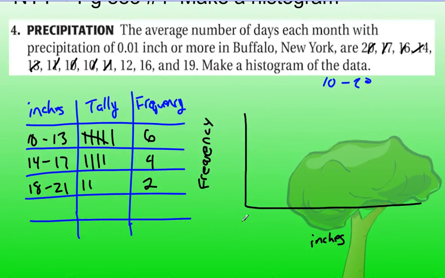And let's see, our different categories, I need 3, so I'm going to go 1. That's my first group. There's my second bar. There's my third bar. So I just kind of space it out. So the first bar is from 10 through 13 inches, and then 14 through 17, and then 18 through 21. Frequency needs to go up to about 6, so 0, 1, 2, 3, 4, 5, 6, 7.